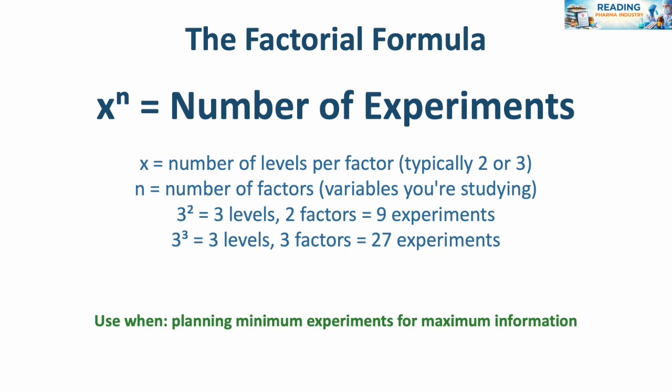If you want to have 3 factors, then you'll end up with 27. That means you'll have increased the number of experiments, so we need to be economical in terms of cost and time. The whole idea is to plan minimum experiments for maximum information.